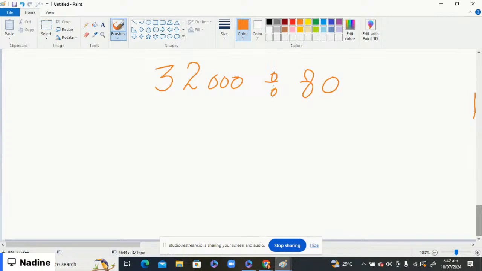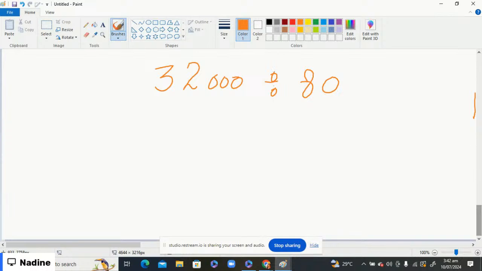What's the answer? Everyone think about it and then tell me the correct answer. It's 32,000 divided by 80. So first of all, you're going to check the first two digits. Here the first digit is 8 and for the other it's 32.